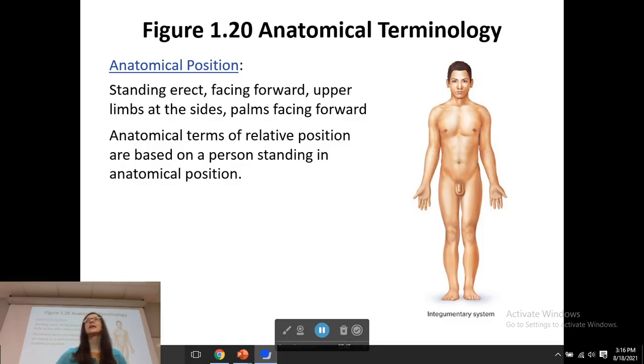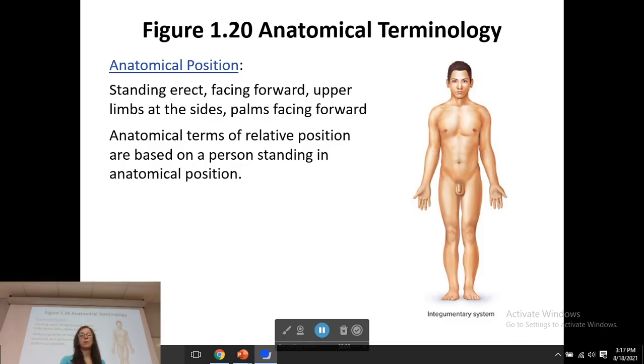The head is always going to be superior to the shoulders, whether they are laying down or standing up, because it's in anatomical position that we are using these terms. So that's important to know what anatomical position means.